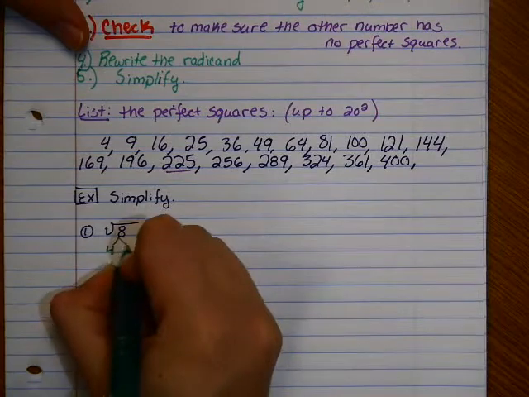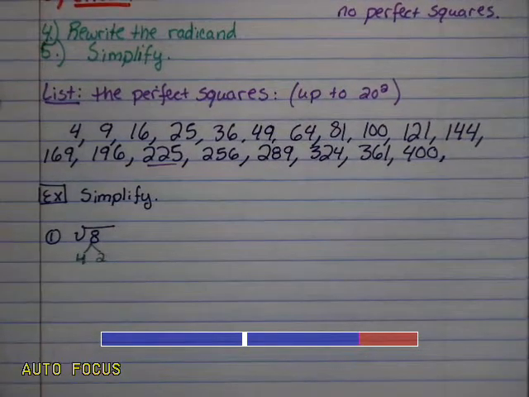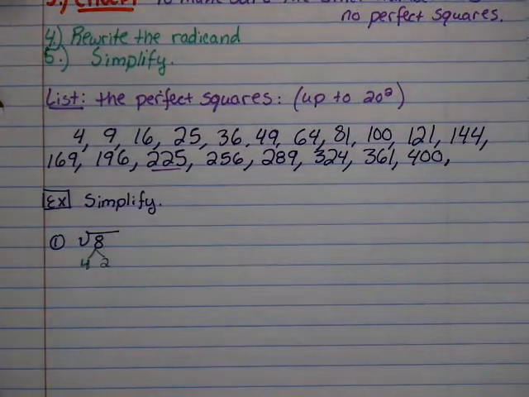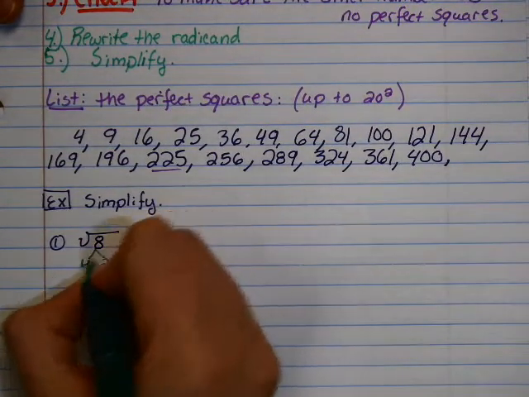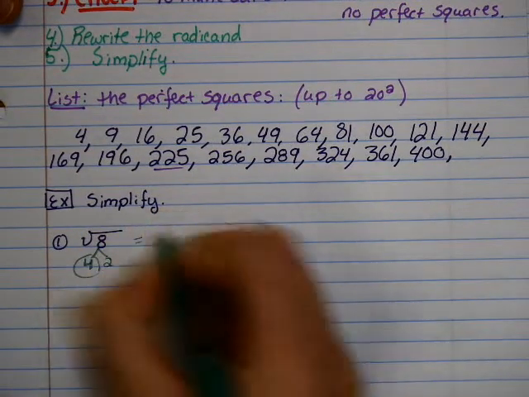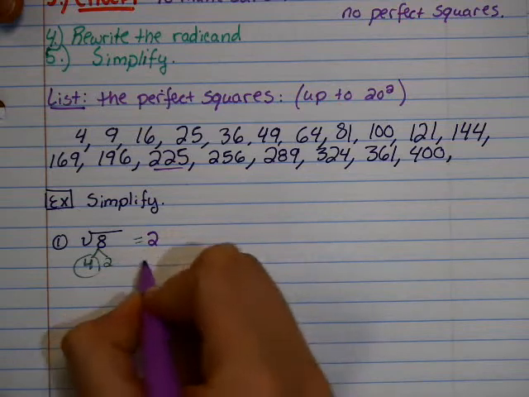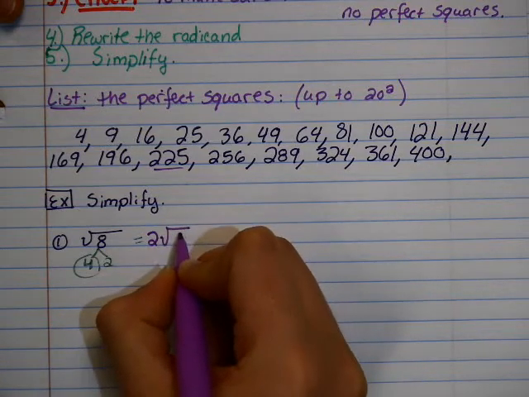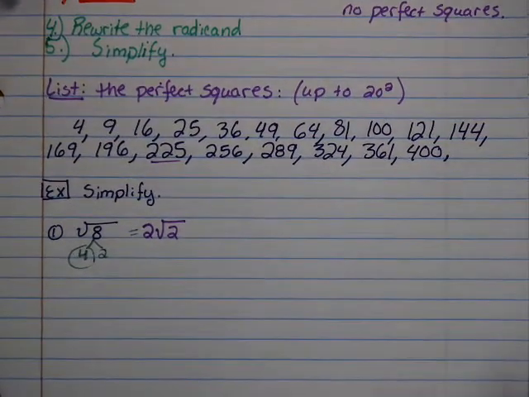And 4 times 2 gives me 8. I'm going to zoom in here now that I have some room. Square root of 4 I know is equal to 2. Square root of 2 must stay underneath the radical because it does not simplify anymore.